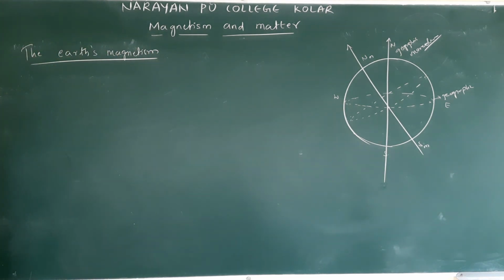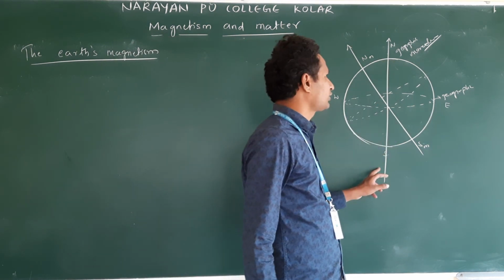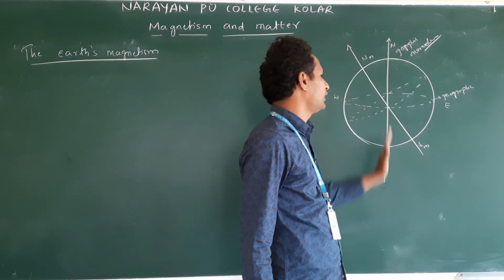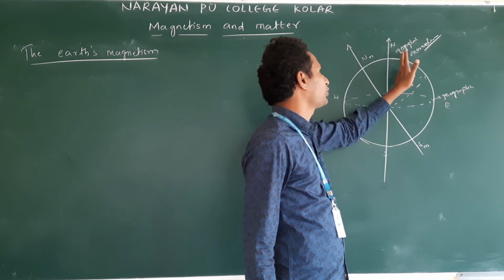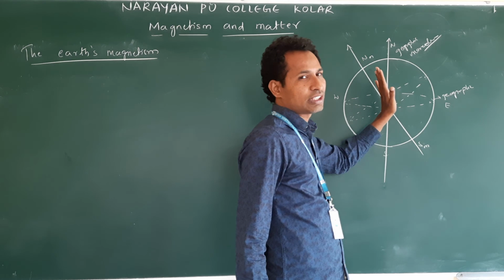Understand? Generally, we have directions east to west and north to south. The line passing through the south and north geographic poles is the geographic meridian. But this is when we suspend the bar magnet.